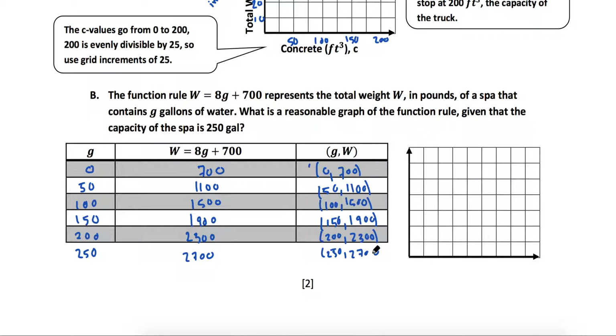Okay, so we have our G for gallons, and we have over here our W for weight. So our gallons we can count up.